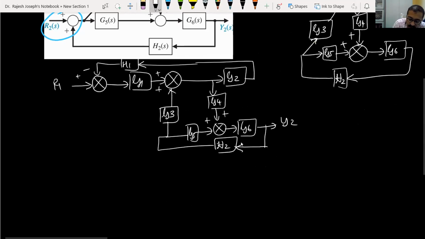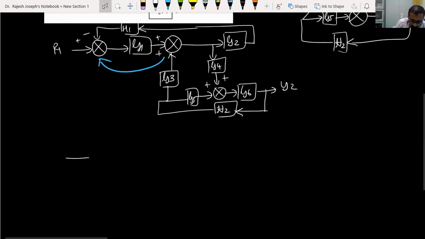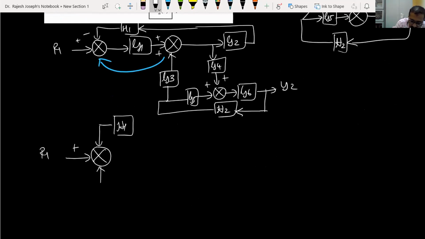We can think of shifting this pickoff point to this side. So what will we get? You will get something like this. Here we have our actual summing point R1 at plus sign. Now this is H1, right?